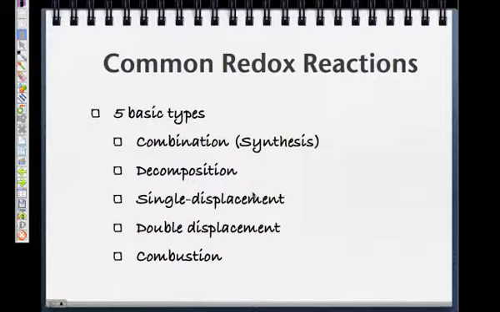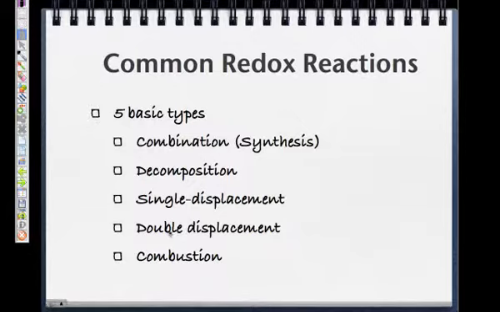Single displacement, you're going to have just a single element plus a compound, and they're going to switch spots. It's kind of like at a dance if someone cuts in and you switch partners. Okay. Double displacement. It's like what we've done before, where you have a compound plus another compound, and they switch spots.